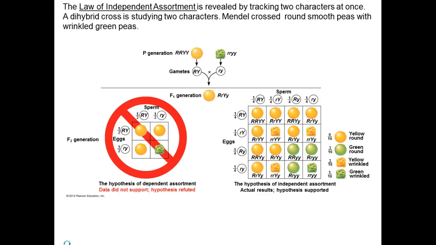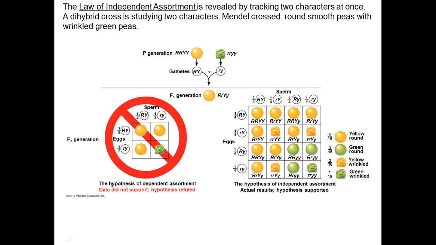Mendel thought that if I cross a round, yellow parent with a wrinkled, green parent, then I should get all gamete combinations of big R big Y and small r small y, and all the F1 generation should be hybrid. And so this is the Punnett square that he was thinking of. But it didn't turn out that way.